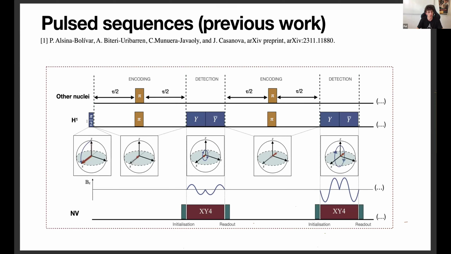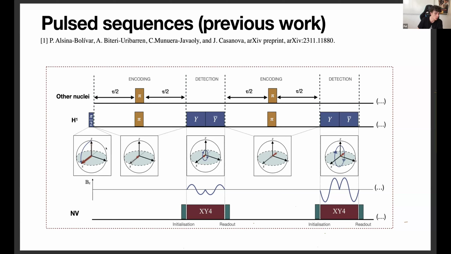This one corresponds to a given hydrogen present in your molecule, this one corresponds to the rest of the nuclei, and this line corresponds to the NV ensemble. First, we are going to do a Nico sequence, as I explained before, and this sequence will encode in the state of the hydrogen the dynamics corresponding only to the J-couplings. Remember that with this we kept only the information about the J-coupling.